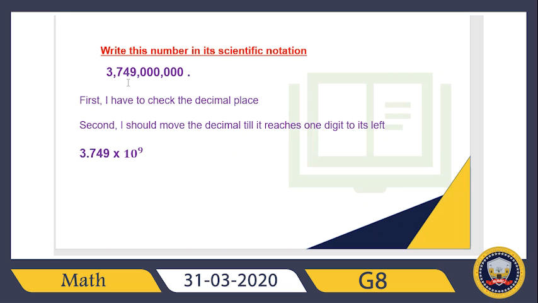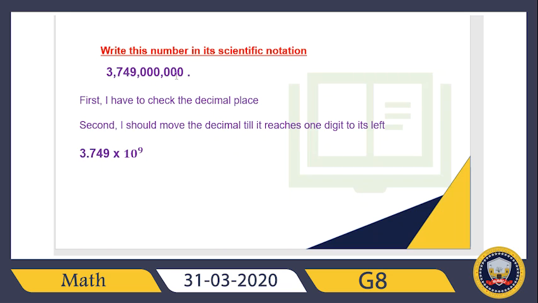Now what will my new number be? As we agreed, I will put all the whole numbers regardless of the zeros. So my new number will be 3.749 times 10 to the power of the number of steps which I moved the decimal point to the left side until it reaches here.